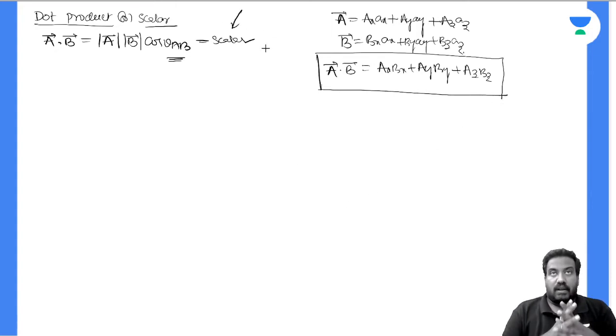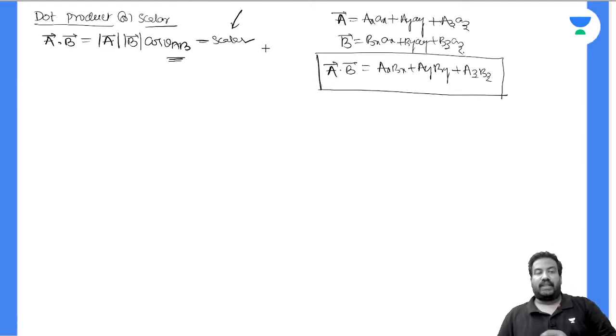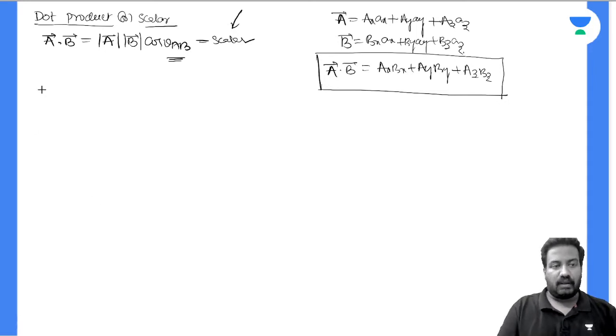Now you tell me, dear, dot product obeys how many basic laws? Like commutative, associative and distributive. Think and tell me. Commutative law.